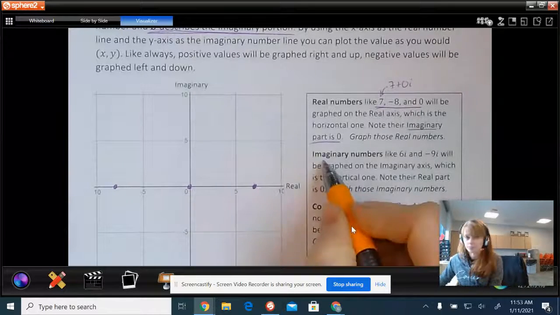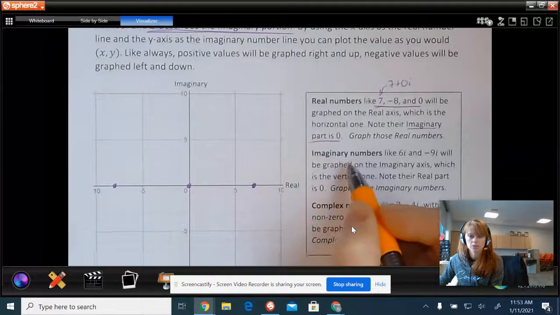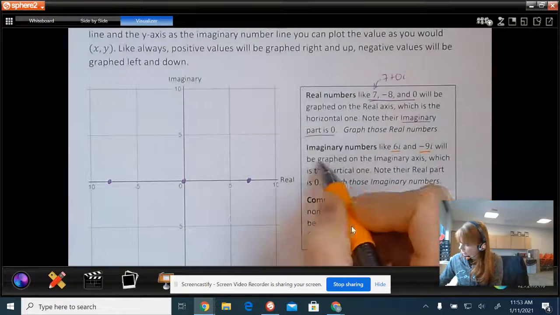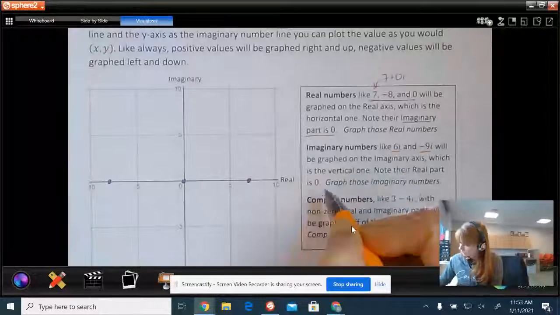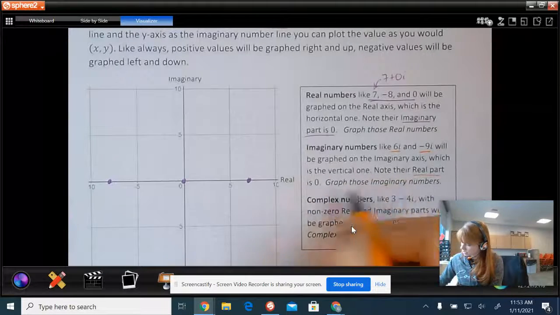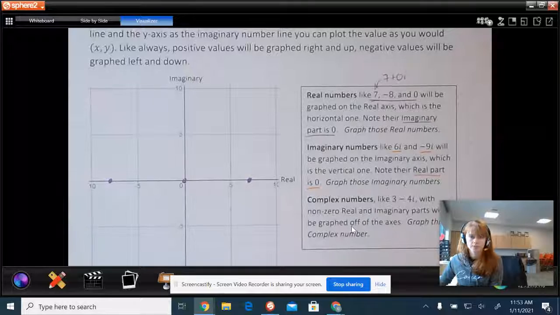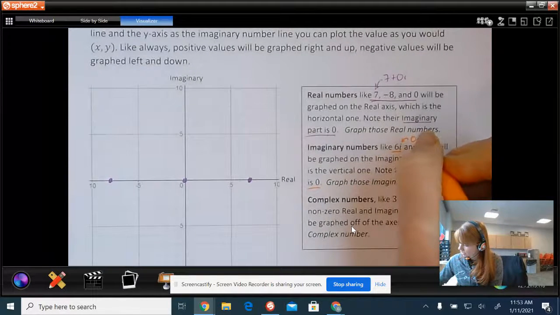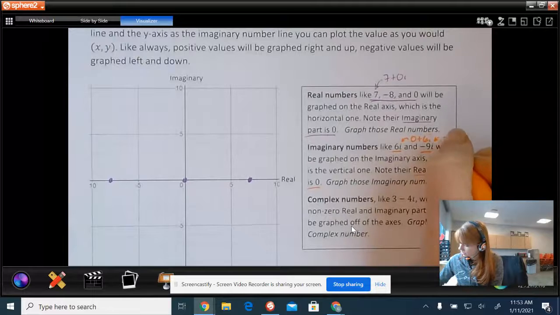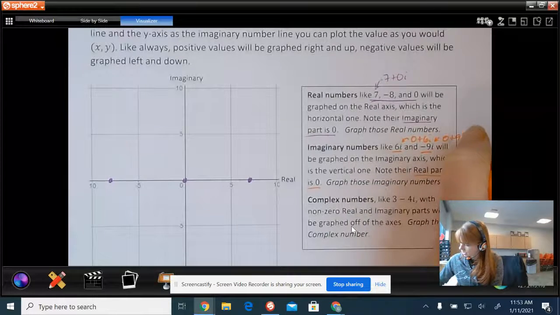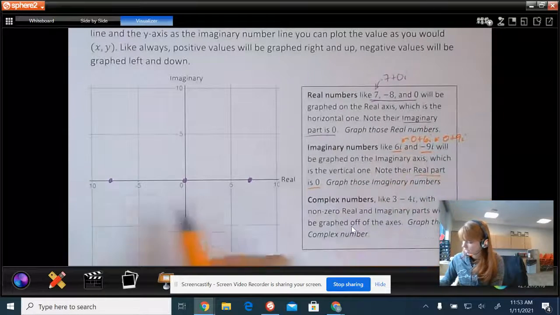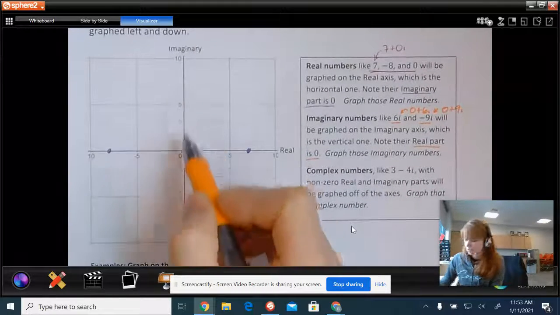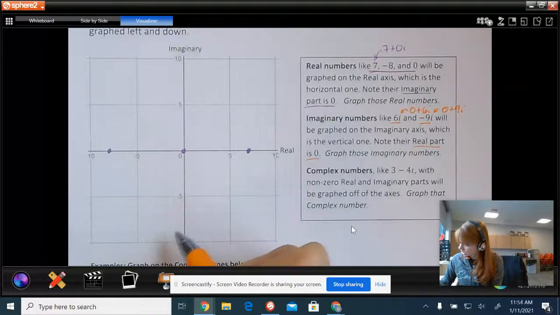While if we have purely imaginary numbers, these would be 6i or -9i. They'll be graphed on the imaginary axis because their real part is 0. Right? So if I was to rewrite this, it'd say 0 plus 6i, or 0 minus 9i. So our x value is 0, so we're only on the y-axis, which is our imaginary number axis.